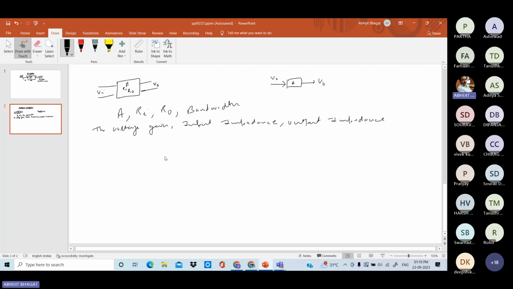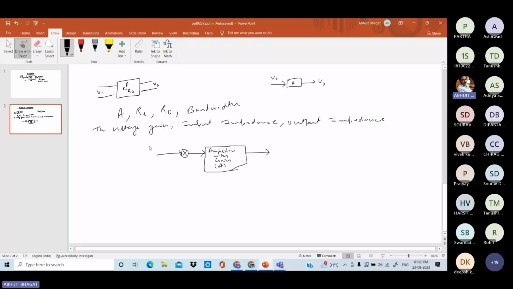Now, if you're using feedback, this is the amplifier with gain A. So A is the gain of the amplifier.